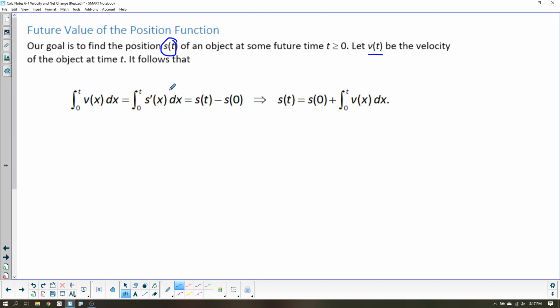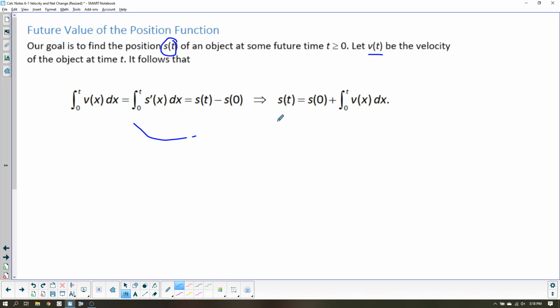But remember, velocity is the same as the derivative of position. And the fundamental theorem of calculus says that these two things are going to cancel, and I just evaluate the position at t and evaluate it at 0. So this whole thing here is just the second form of the fundamental theorem of calculus. But this gives us a formula we can solve for s of t. All I need to do is add this over here, and it gives you this formula.